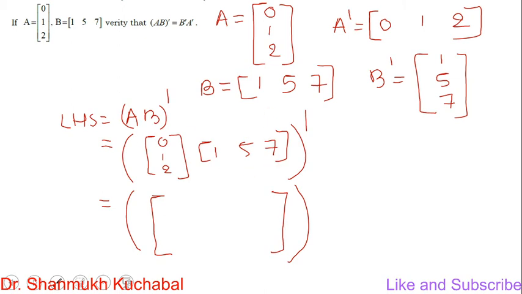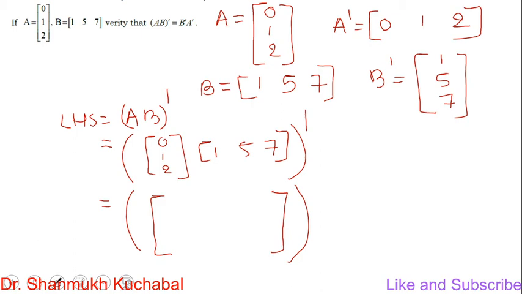Second row first column, second row second column, second row third column. And third row first column, third row second column, third row third column. We have to write the answers over here. So it is an easy method. We'll do this.